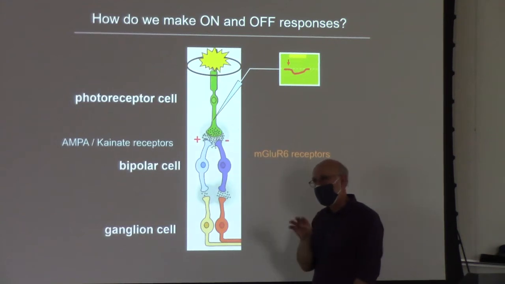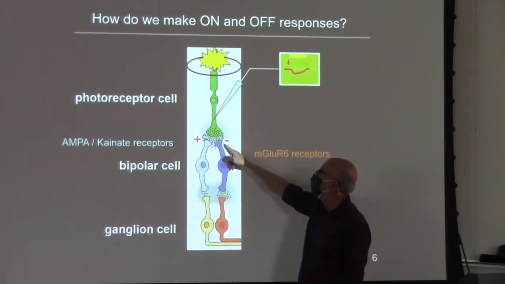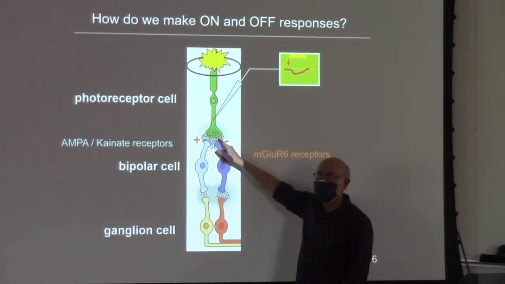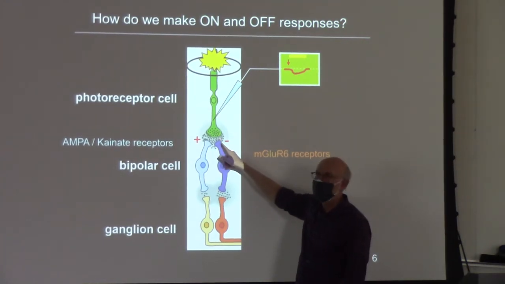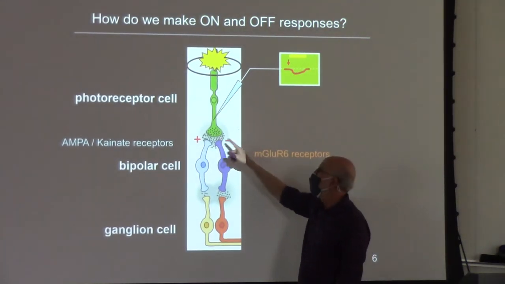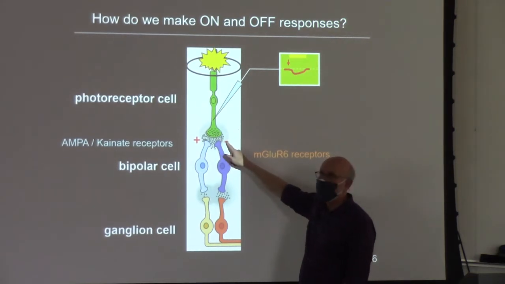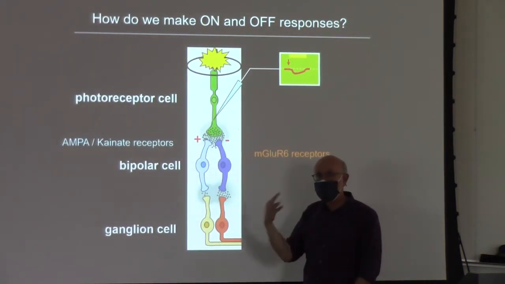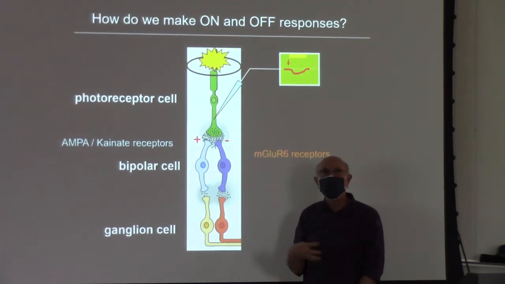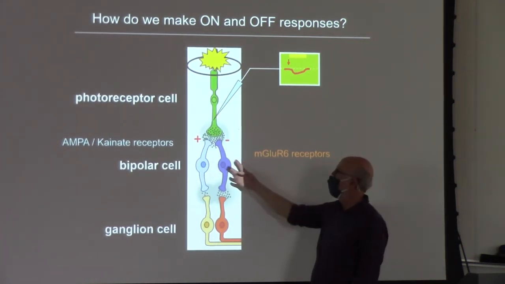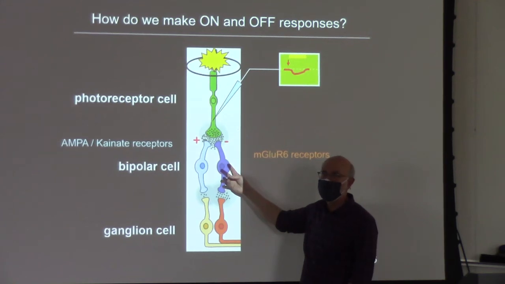So tell me, what happens when I decrease glutamate in this synapse right here? Well, I'll tell you. Decreased activation of an inhibitory receptor, decreased inhibition, is allowing these cells to depolarize.